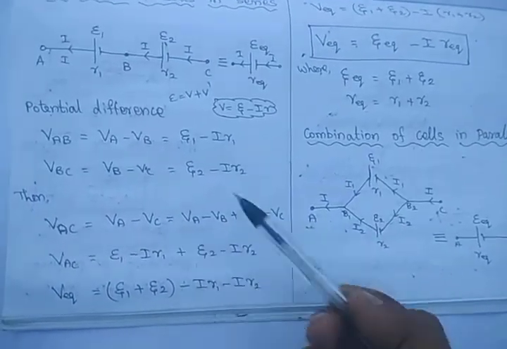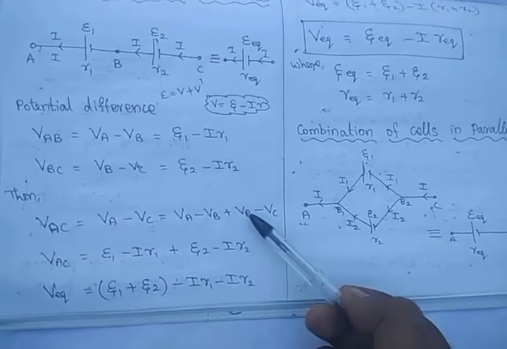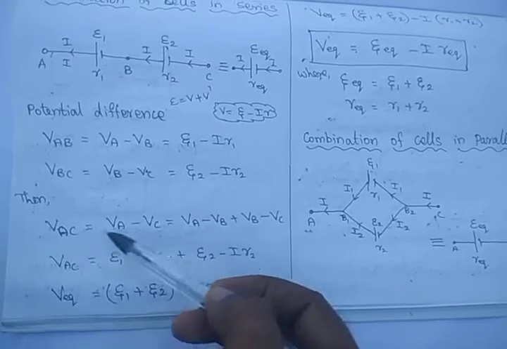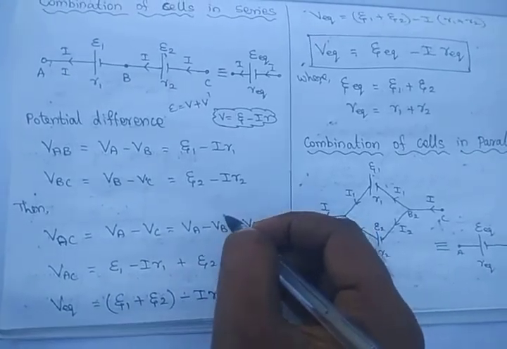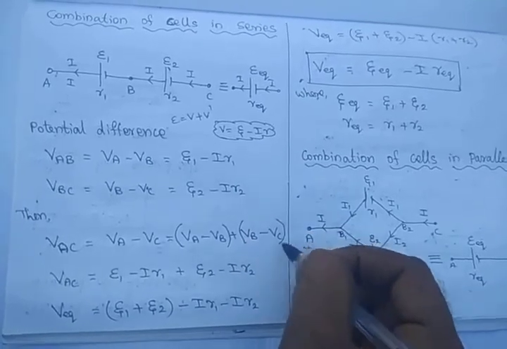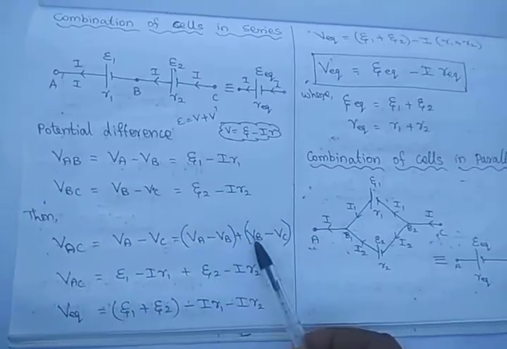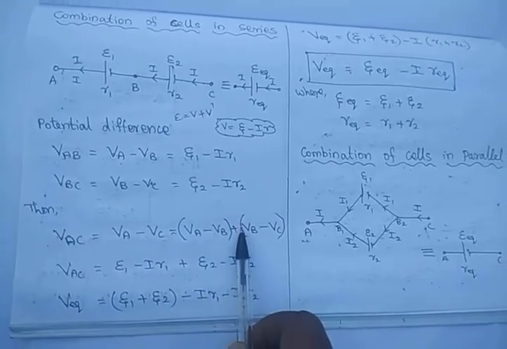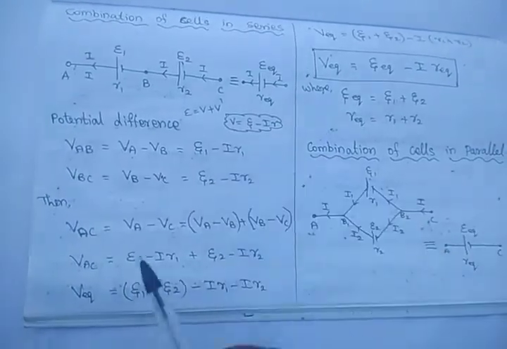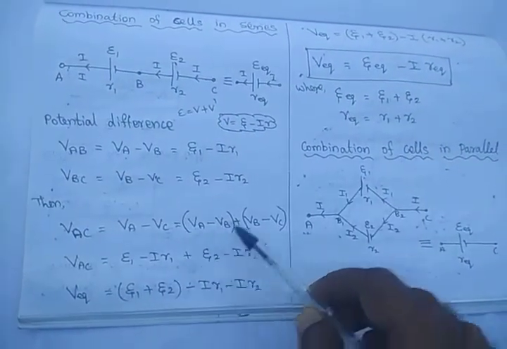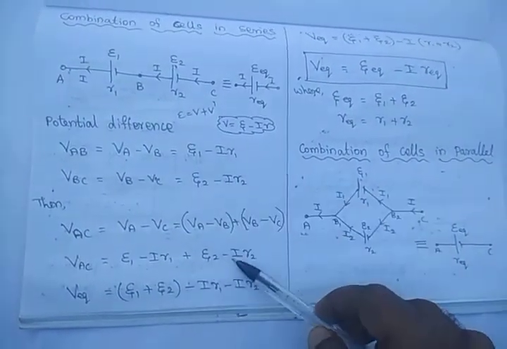But I rewrite this VA minus VC as plus VB and minus VB. It does not change the equation. But if I put brackets like this, what will we get? Yes, VA minus VB and VB minus VC. So this equation can be rewritten like this. Just add these two equations: E1 minus IR1 plus E2 minus IR2.